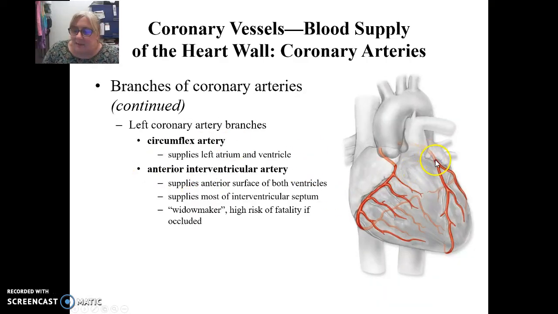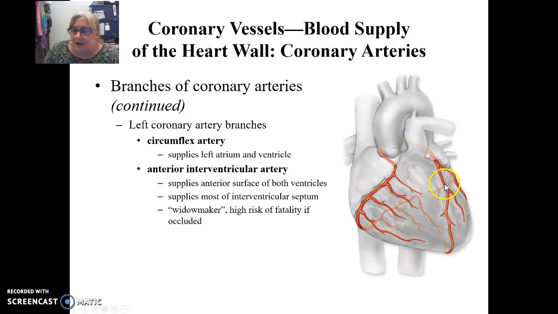And then here we have the left coronary artery that branches off into a circumflex artery, this one right here, and then this is the anterior interventricular artery. Actually, this artery is really important.